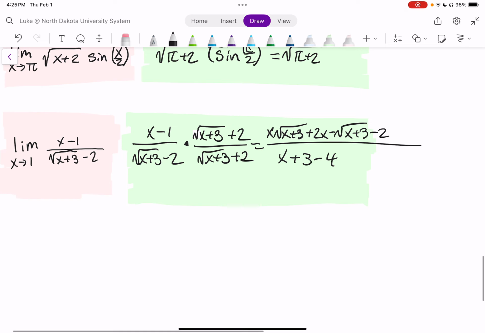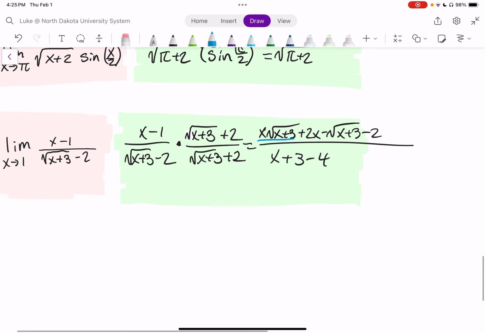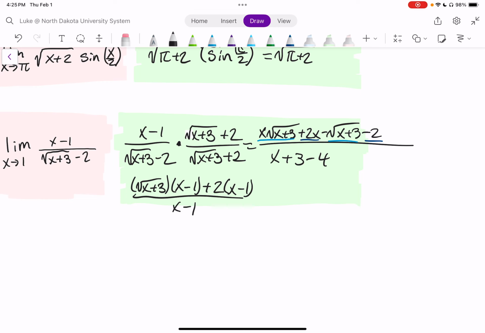So if you look here, we've got that, and we've got these. I'm going to factor those out. So the square root of x plus 3 times x minus 1 plus 2 times x minus 1, over x minus 1.